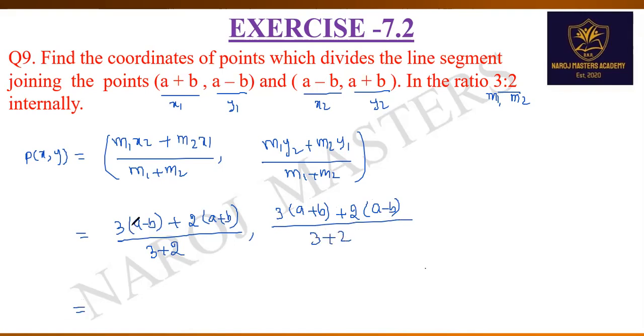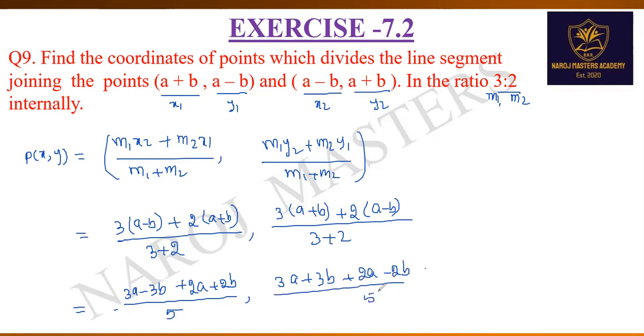So here 3a minus 3b plus 2a plus 2b by 5 comma 3a plus 3b plus 2a minus 2b by 5.